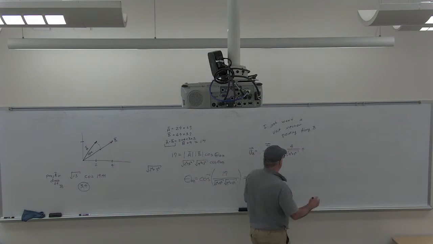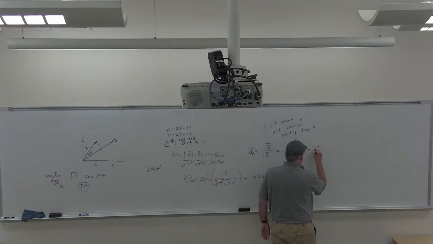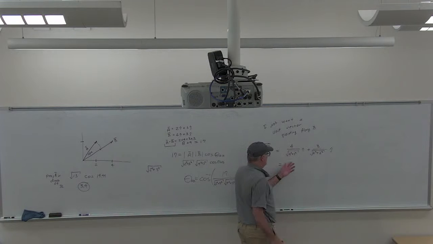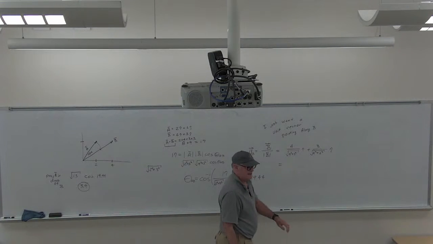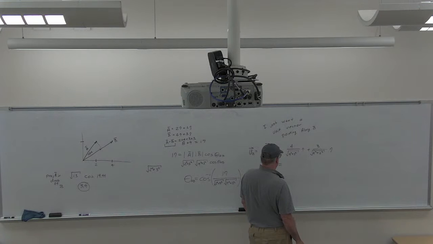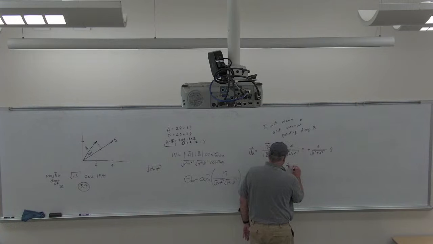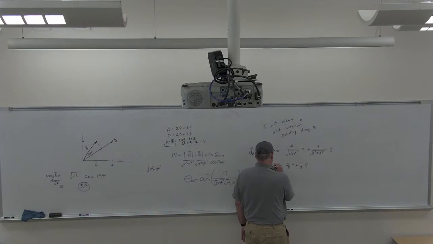So let's do that. Tell me what those two numbers are. Oh, it's a 3, 4, 5. Okay, so there's my unit vector.